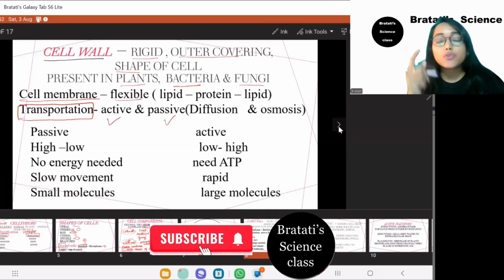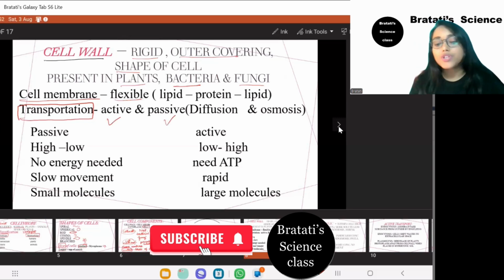In passive transportation, there are two types, which are diffusion and osmosis. In osmosis, the solvent is the water. Only the solvent molecule passes through, not the solute. The solvent passes through the semi-permeable membrane, that is the plasma membrane.